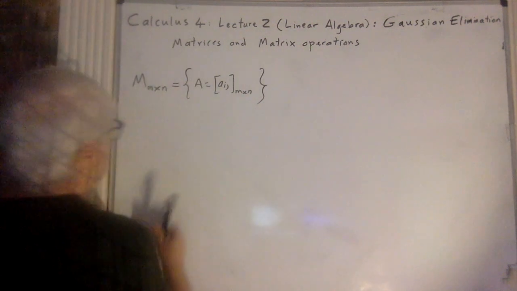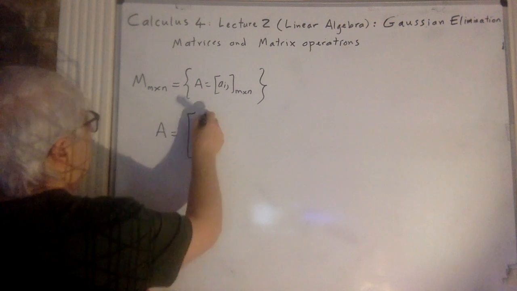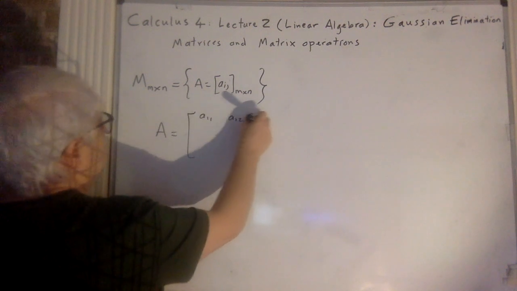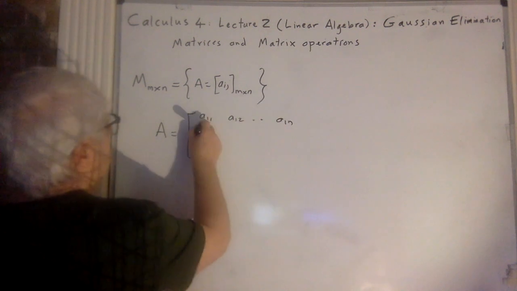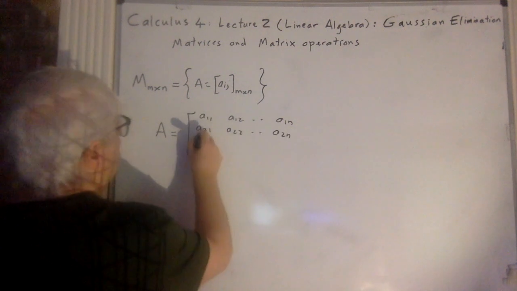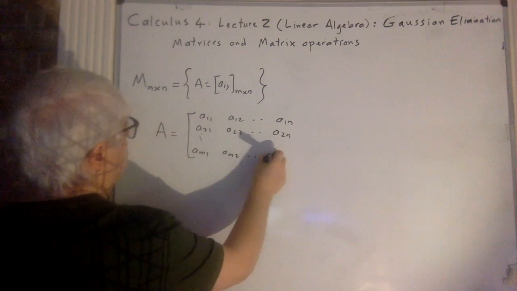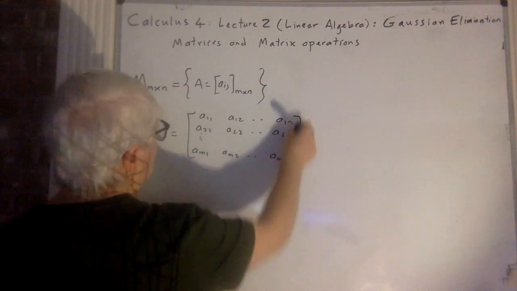So, if I have matrix A, which is A11, A12, A1n, A21, A22, A2n, Am1, Am2 to Amn.